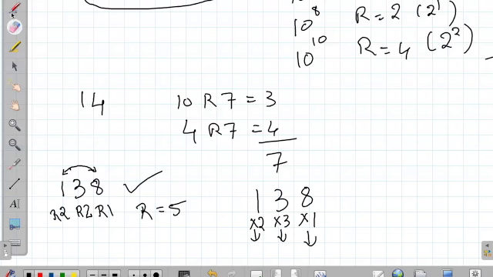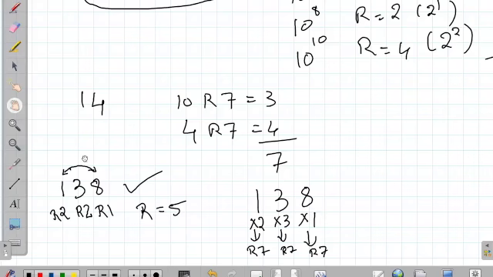What I was writing down was the multiplier we used in each place value. Then we take the remainder with 7 each time. So multiply by 1, take the remainder with 7. Multiply by 3, take the remainder with 7. Multiply by 2, take the remainder with 7. Yeah, this is working perfectly.